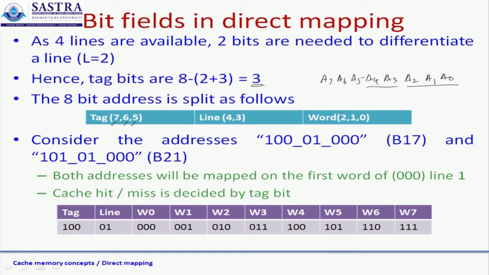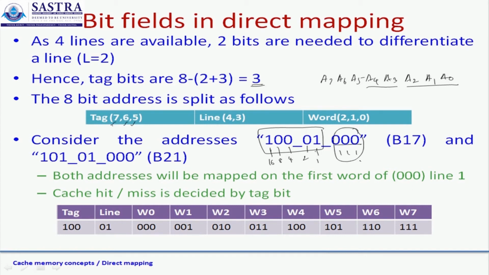Let us consider these 2 addresses: 1000100, 1010100. This is block 17. Consider these 5 bits: this is 16, this is 1. In a block, 8 addresses are available, 000 to 111.